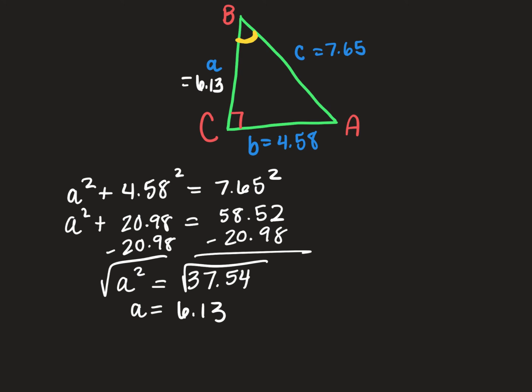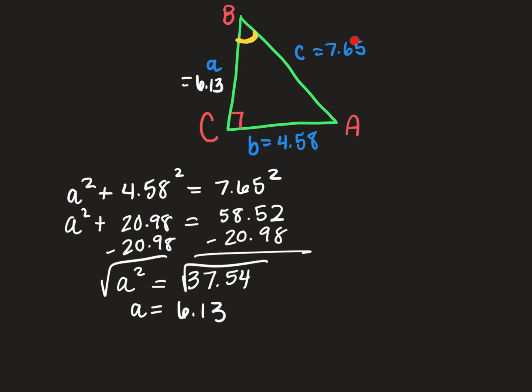So at this point, when you have all three sides, now you can use any trig function. However, I'm going to, again, highly recommend you use the numbers that were given to you in case you messed up the Pythagorean theorem so that you don't mess up the rest of your problems. So use B and C. If B is the reference angle, this is what side?